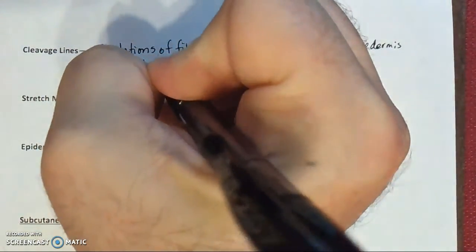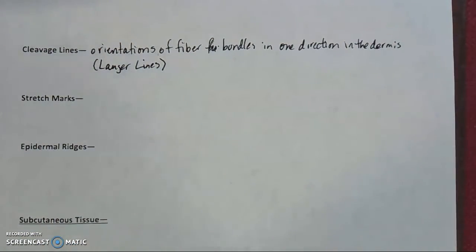And I'm going to switch over to a screen here of this, if I can figure out how to do this. Well, there's a picture in your Schoology folder of the Langer lines, and those are different lines of fiber directions.